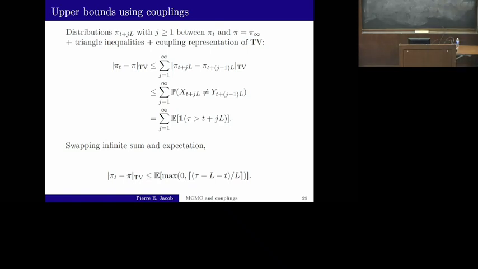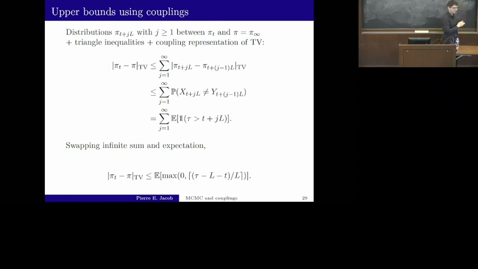You can see it in a sense because when you take bigger steps towards infinity, you apply the triangle inequality fewer times, so you're losing less at this stage. On the other hand, the procedure first starts by doing L steps of the first chain before you try to propagate them together. So your cost is linear in L. So in practice, you can't take L to infinity because you have to do L steps of the first chain until you start the second chain and then run them until they meet.